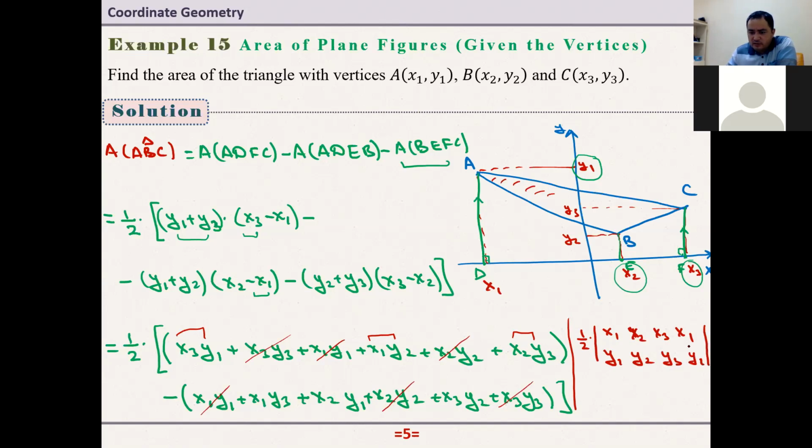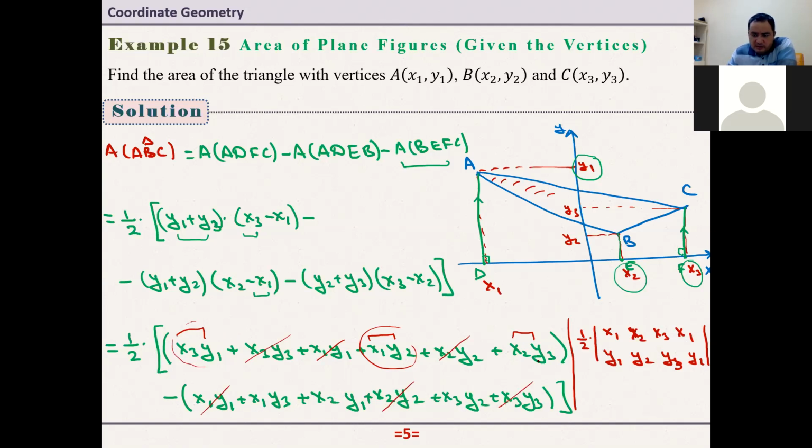We can just write it like this. x1 times y2, do we have it here? Yes, x1 times y2. And x2 times y3, this one is y3, x2 times y3. It is here. x3 times y1. Done.